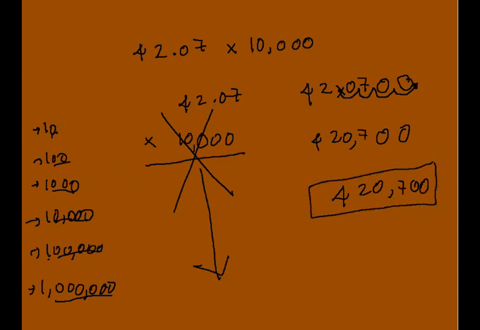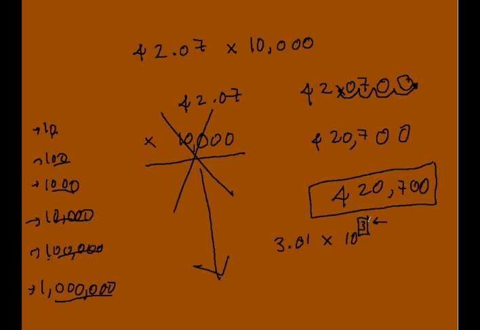Also be careful. Sometimes they might give you the problem like this: 3.01 times 10 to the power of 3. The same thing we did here, this technically means exactly the same thing. All you have to do is look at the power this time. Here we were counting how many zeros we have, so we know how many times we're going to move the decimal. Here you have to look at the power, and the power will tell you how many times you have to move the decimal.